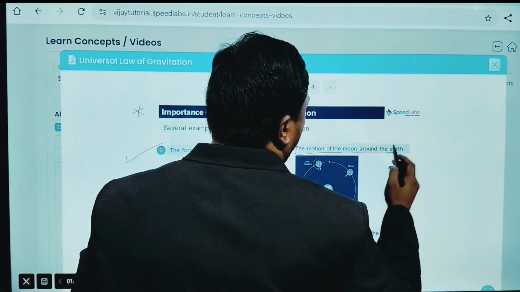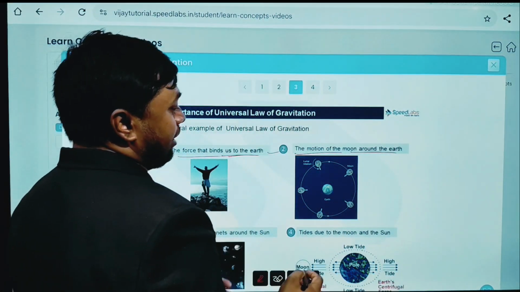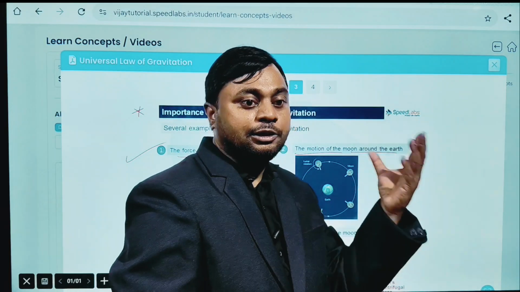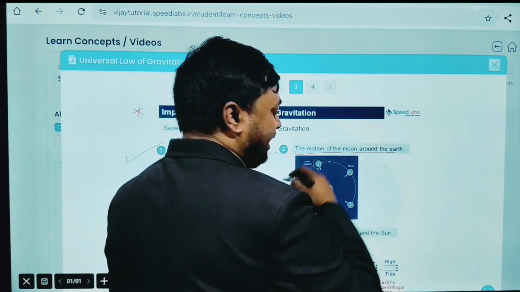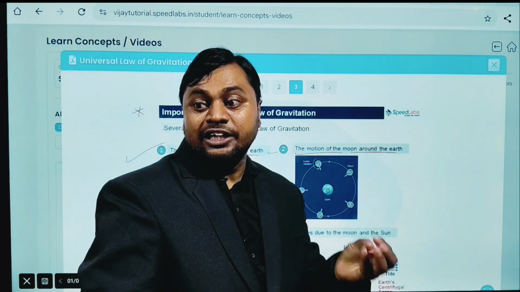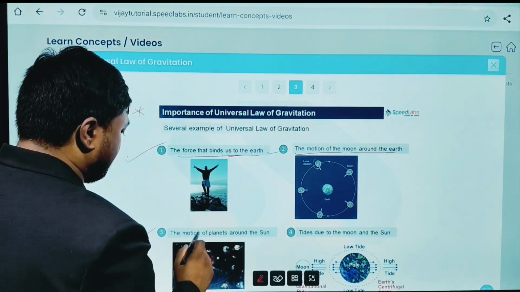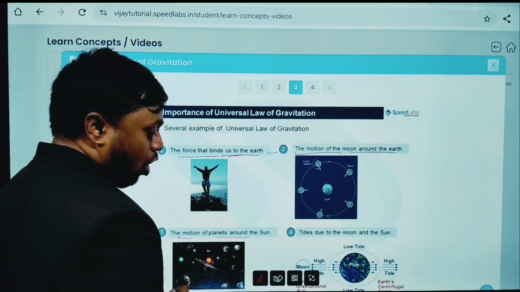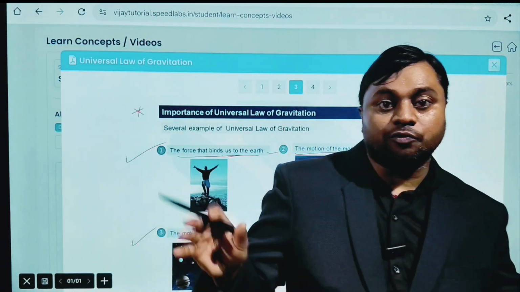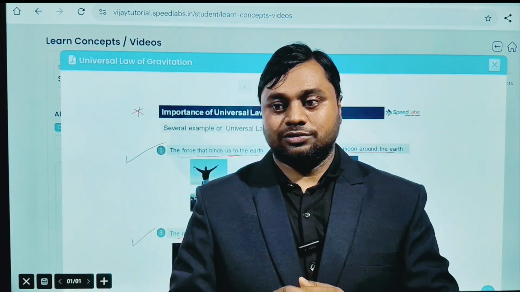Second one is the motion of the moon around the earth. There is a gravitational force between the earth and the moon. Because of that, the moon is revolving around the earth. So the moon is the natural satellite of the earth. Next, even the motion of the planets around the sun. All the planets revolve around the sun because of which force? Gravitational force.